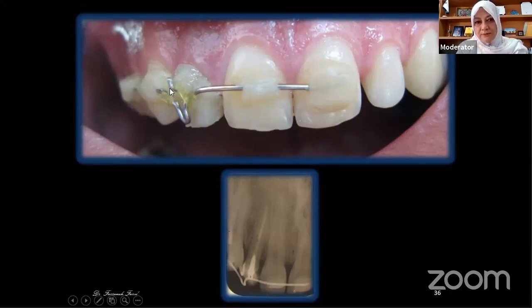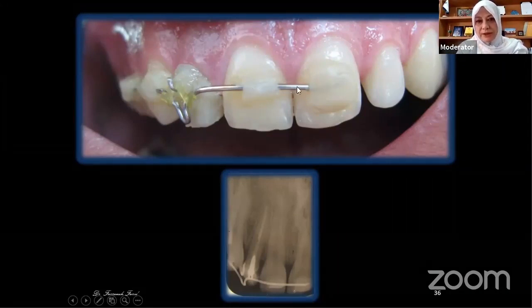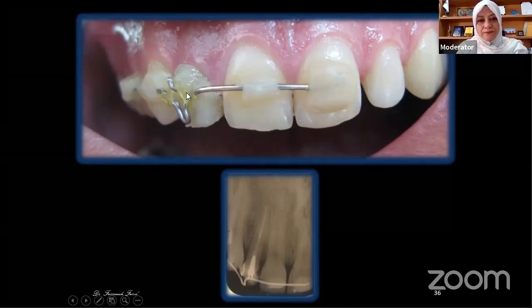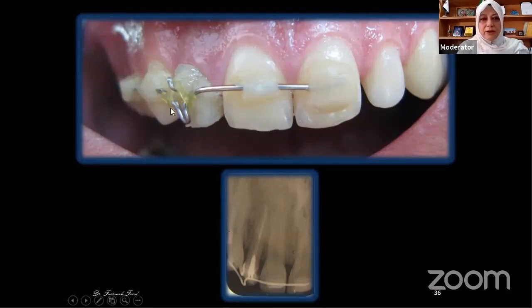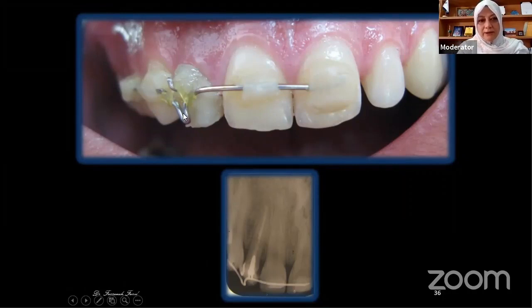The wire, or the bar, is attached by composite to adjacent teeth. A hook is placed inside the composite build-up, and then an orthodontic elastic band is wrapped around them.